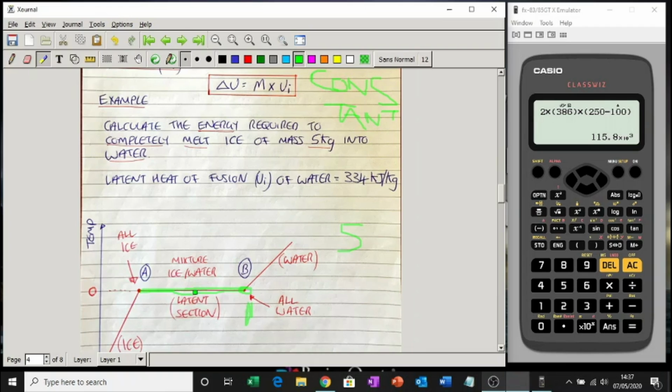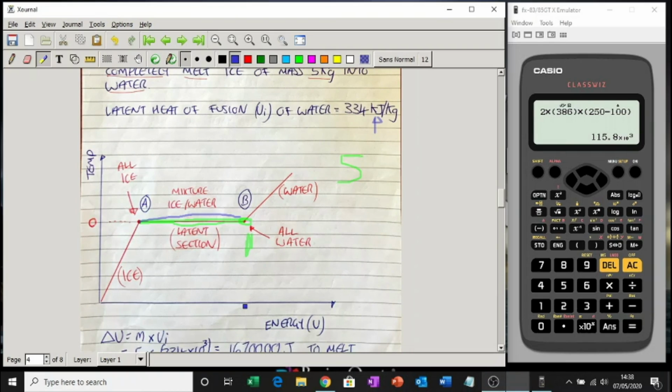So to find that energy, that straight line there, we need to use this. We know the mass, it's 5, and the latent heat of fusion is 334 kilojoules per kilogram. Don't forget the kilo. That will tell us how much energy we need to go from there to there. So we can work out one stage, and then we can go from there to there.